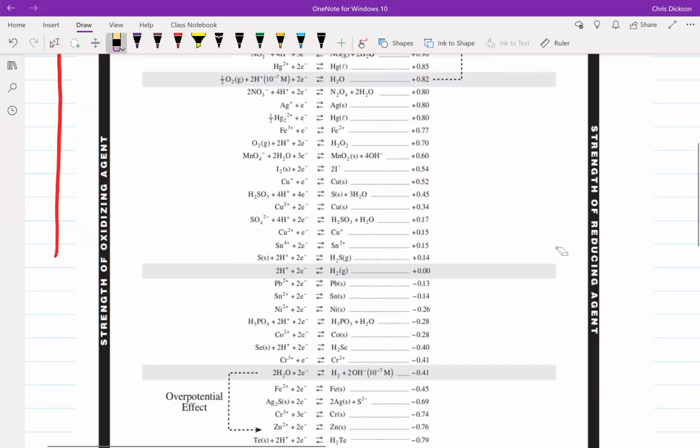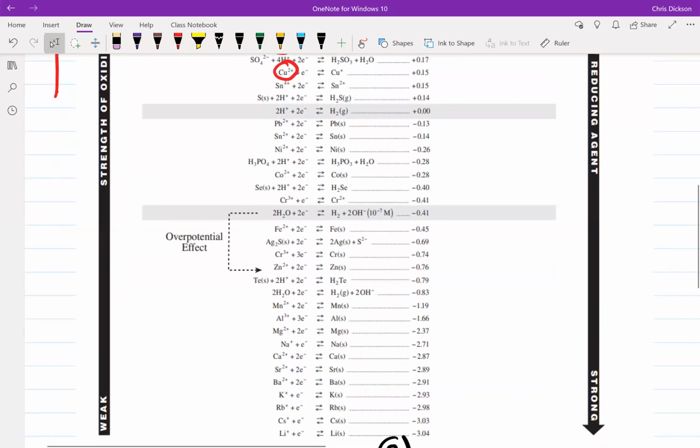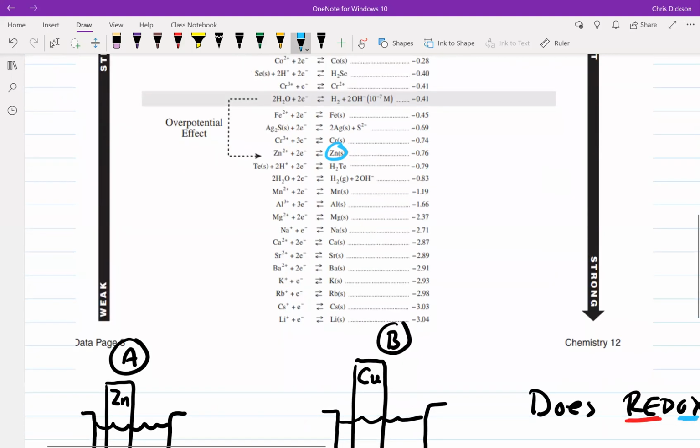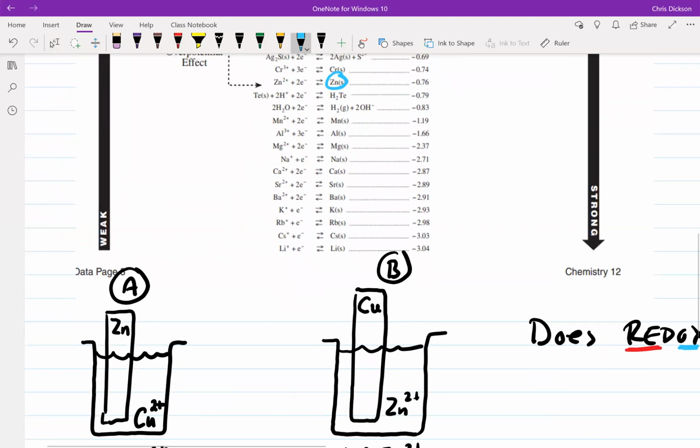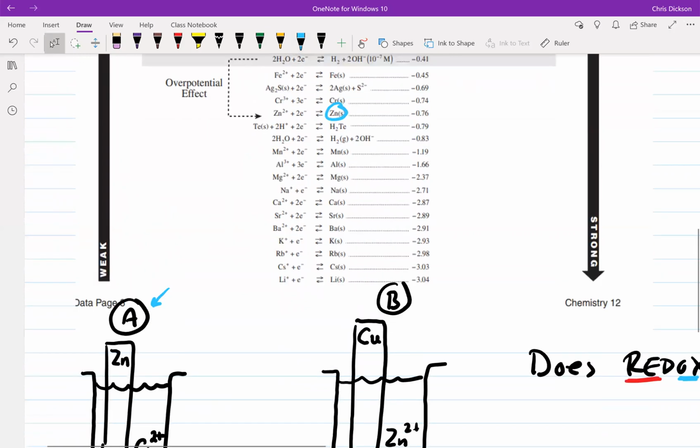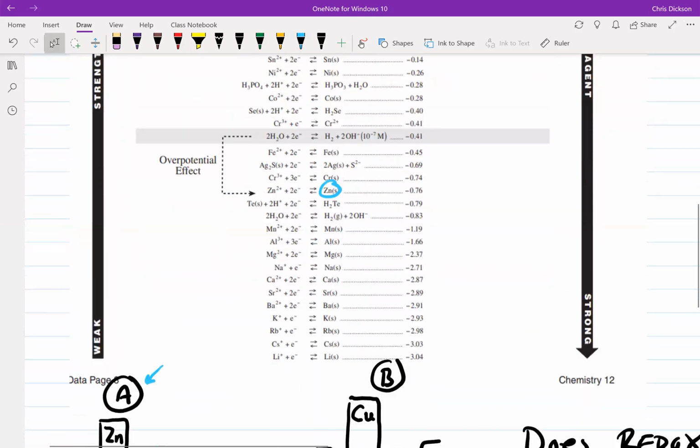In beaker A, we had copper 2 plus, so two of those, copper 2 pluses. And then we had zinc metal being placed in there. Let's go back to the diagram there. So there we go, zinc metal, this is for experiment A. And we've got zinc and copper ions.